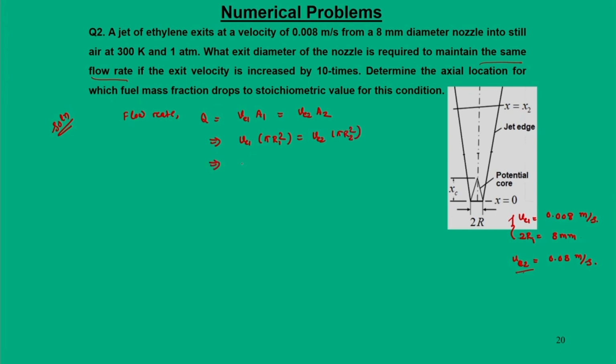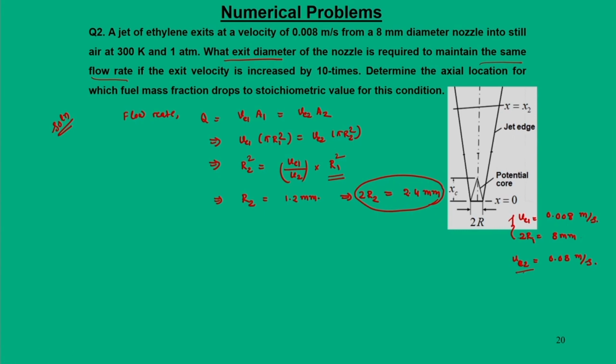So, R2 square is VE1 by VE2 into R1 square. So, we know R1, we know VE1 by VE2. From this R2 can be found as 1.2 mm. So, this gives twice R2, or exit diameter of the nozzle, as 2.4 mm. So, to maintain this flow rate, the exit diameter has to be 2.4 mm.